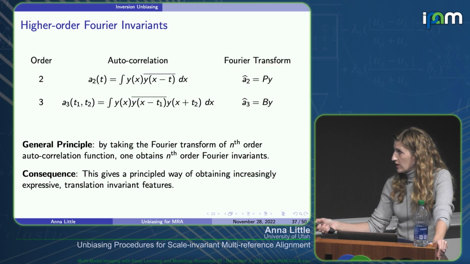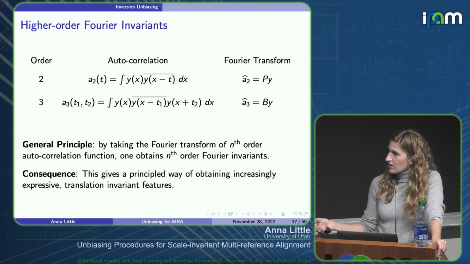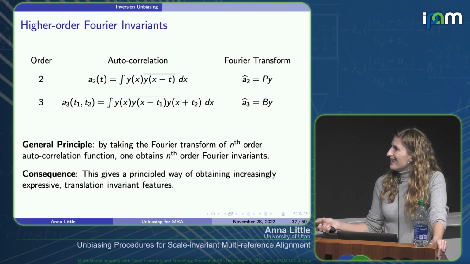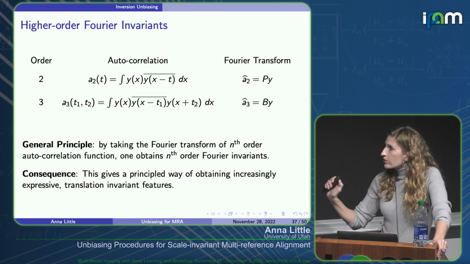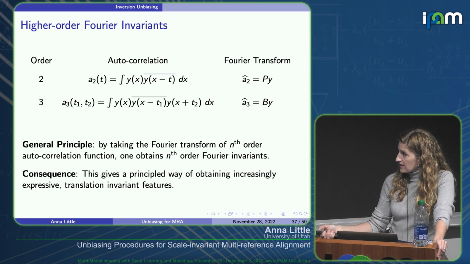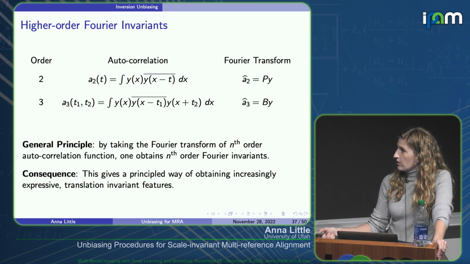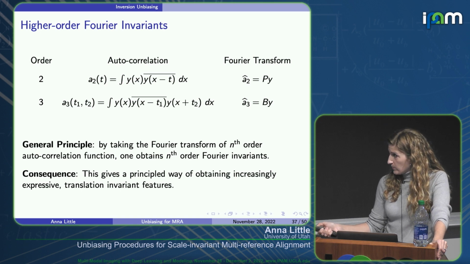The power spectrum is the Fourier transform of that. The bispectrum, which is our third order, is the Fourier transform of the third order autocorrelation function. You have this triple correlation function, A3 of t1, t2, defined like this. If you take its Fourier transform, you get these features, which is the bispectrum.